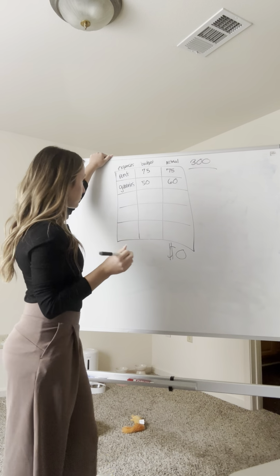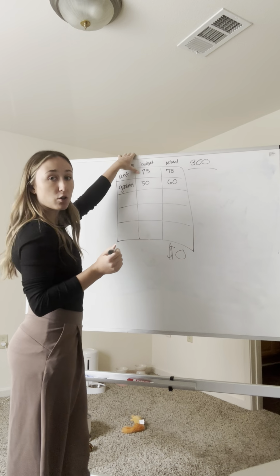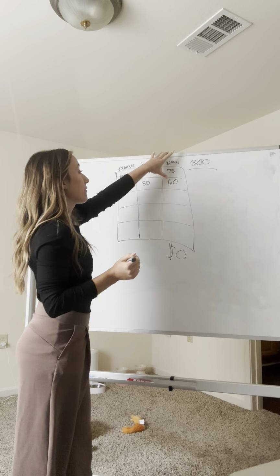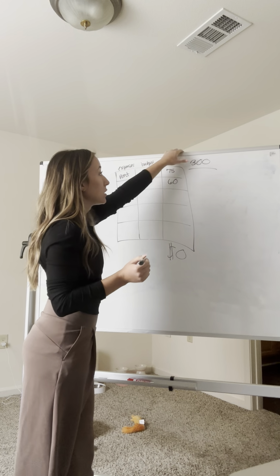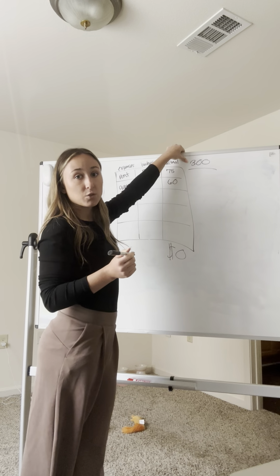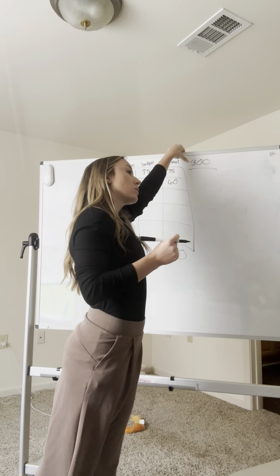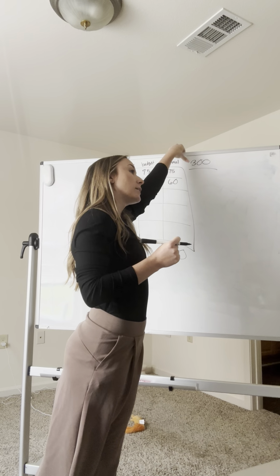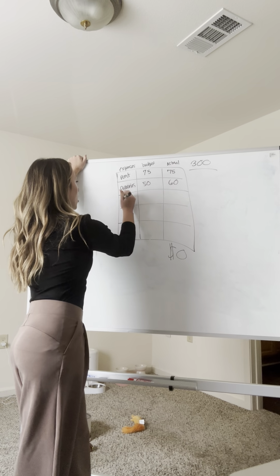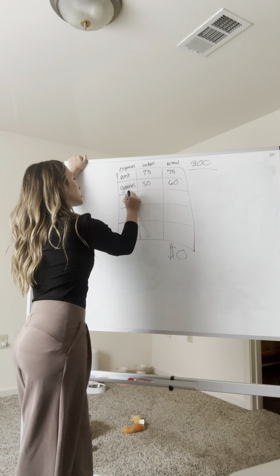So far, our budget says that we should only have spent $125 and we have actually spent $135. So we are over. So we have $135 out of 300 already spent. That means we have about $260 something left.